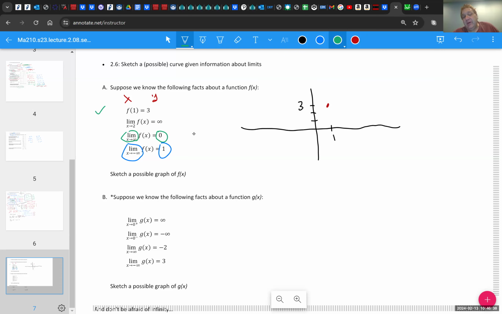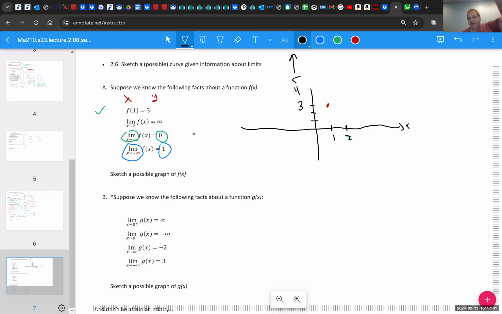The second piece of information says when x gets closer and closer to 2, the value of y is infinity. So we need a 2 on this picture. This is the x-axis, so this is where x equals 2. And where is y infinity? Well, here's 4 and 5, and infinity is way, way up there.